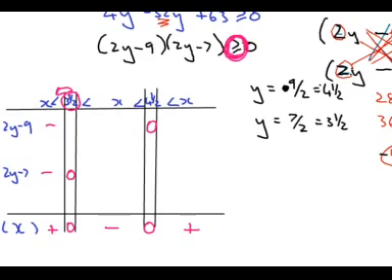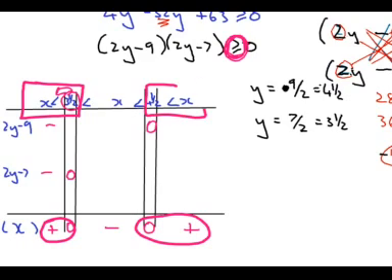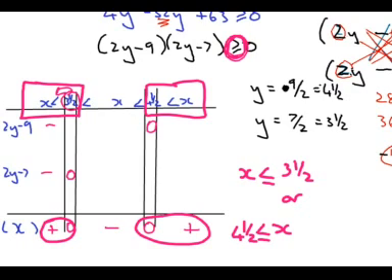We can use both of them. So now, since we are looking for bigger and equal to 0, we are looking for the two pluses, which means that will be our answer. Right, y smaller and equal to 3.5, or y bigger than and equal to 4.5. Do you agree? Yeah, I agree.